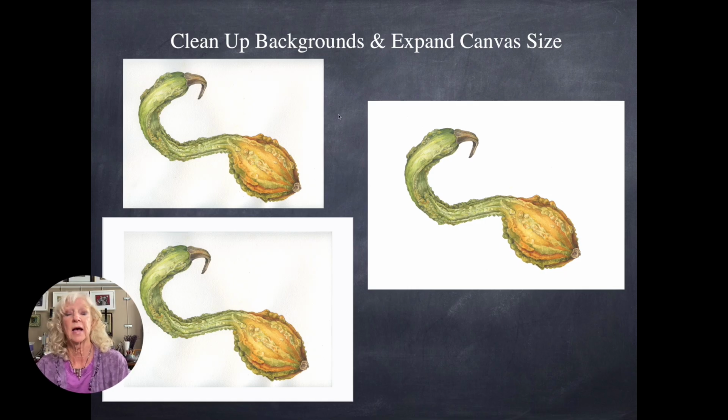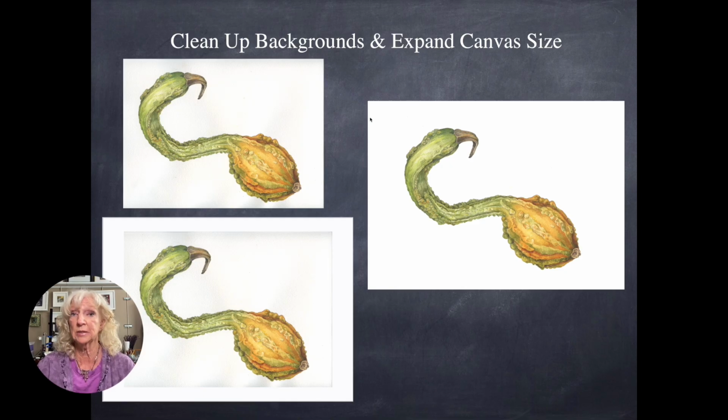The other thing that a lot of times natural science and botanical illustrators have is a white background. And so on this particular piece, my image was exactly the size of my scan bed. And so when you look at the image on the top left, you'll see that it actually fits very nicely into this format.